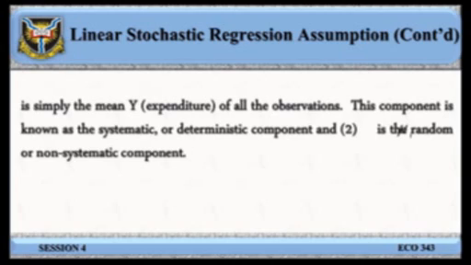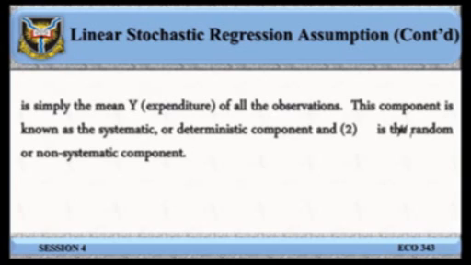Two, ui is the random or non-systematic component. If E(Y|Xi) is assumed to be linear in Xi, then it could be written as Yi = E(Y|Xi) + ui = β1 + β2Xi + ui.